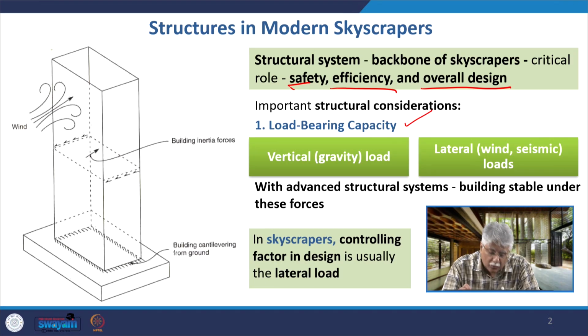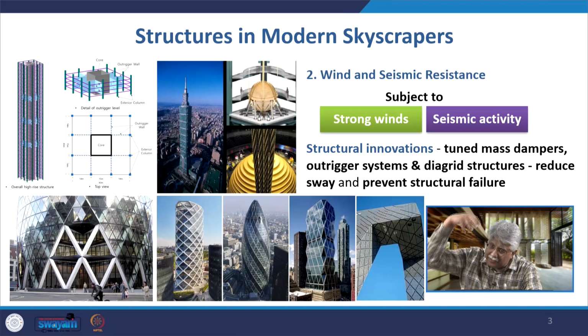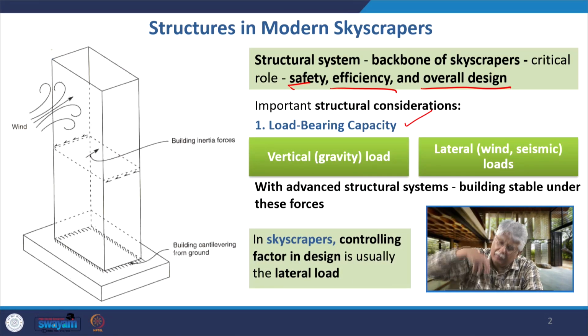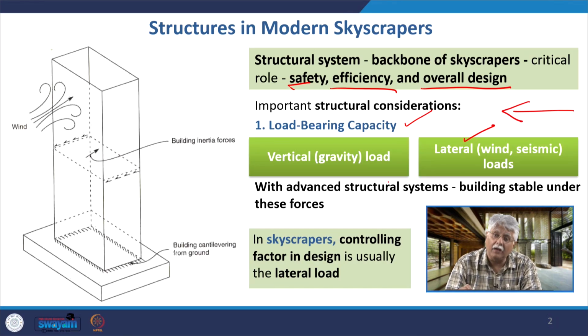Now load, not only the vertical or gravity load that falls on all buildings, but also, because skyscrapers had the added disadvantage of lateral load in the horizontal direction coming from winds and even earthquake or seismic loading.